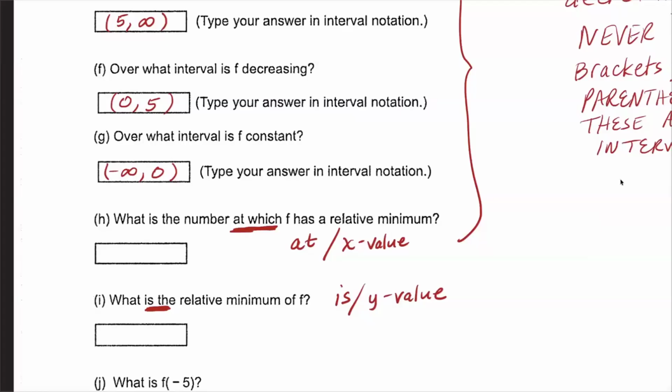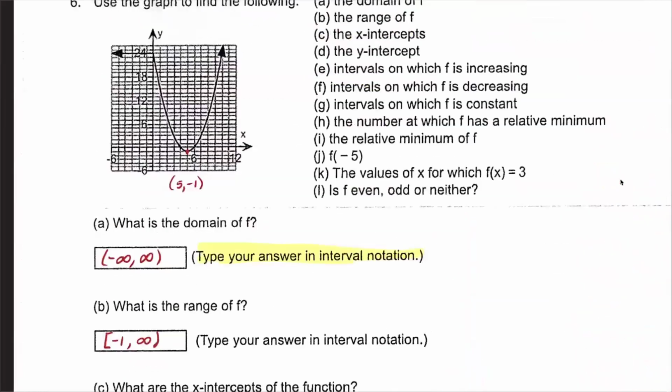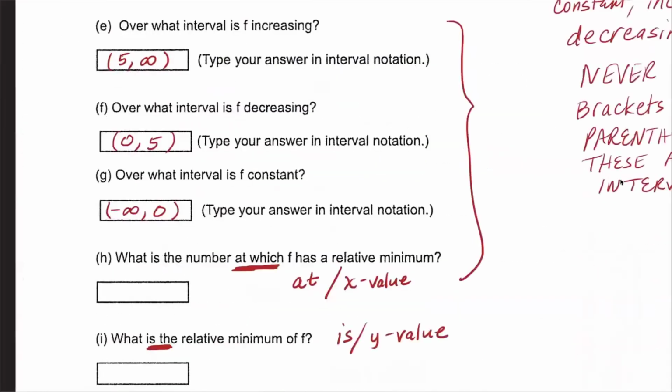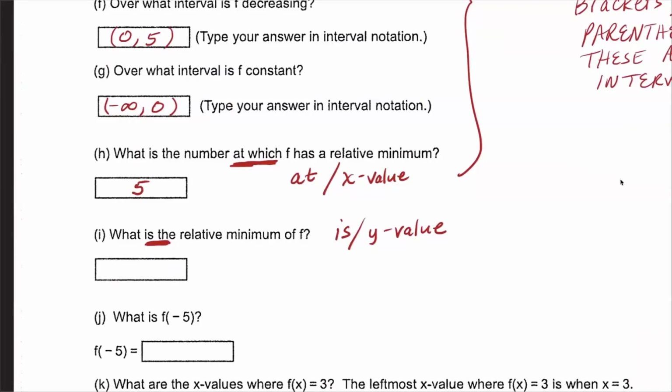What is the number at which f has a relative minimum? Well, what's the x value of that point? 5. So the minimum happens at 5. But what is the minimum? What is the lowest y value? Well, that would be -1, the y value. So when you identify the point, you've really identified the number at which the minimum happens and what the minimum value actually is. Okay, the at goes with the x value, the is goes with the y value. Is, or sometimes it's are, if there are 2 of them.